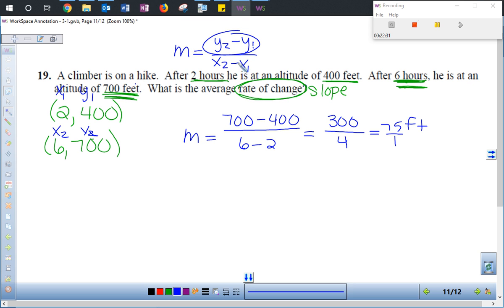Now x's were in the denominator, and x represented 2 and 6, which were paired with hours. So that's 75 feet over 1 hour. So what we say here is that my rate of change was 75 feet per 1 hour. So here's how we write that. 75 feet per hour. So what is the average rate of change? 75 feet per hour. He's climbing 75 feet per hour.